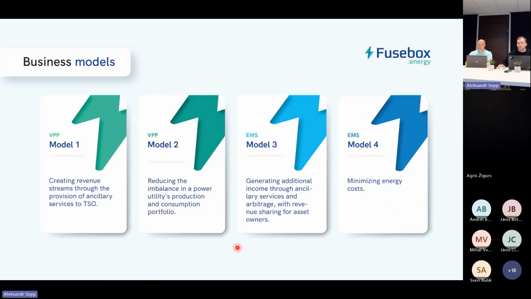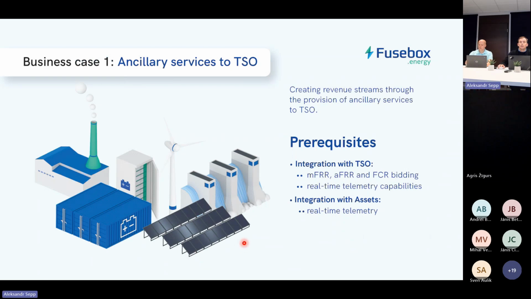I will not read them out right now, so let's jump to the first business case. Basically, it's an ancillary service provider to the TSO. As we all probably know, there are different ancillary services: mFRR, aFRR, FCR.